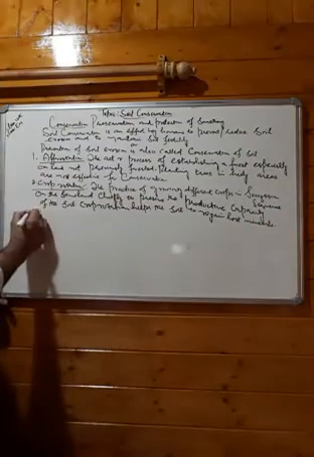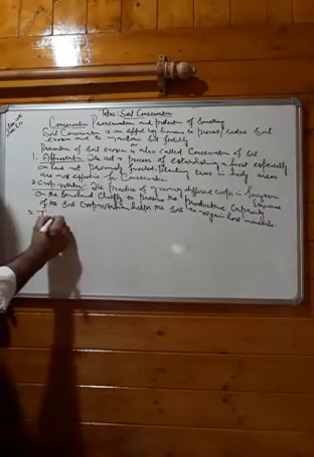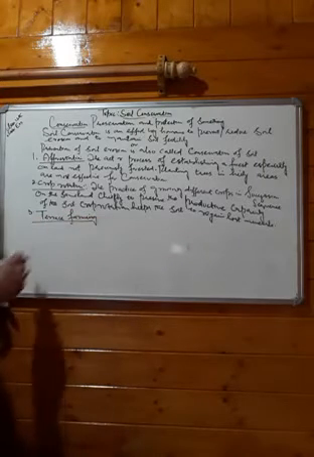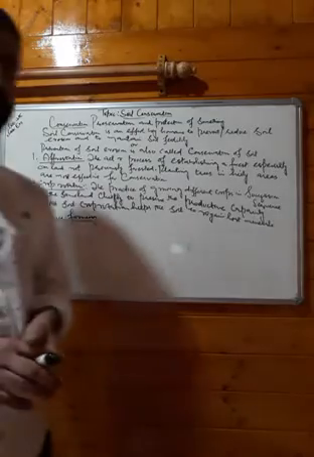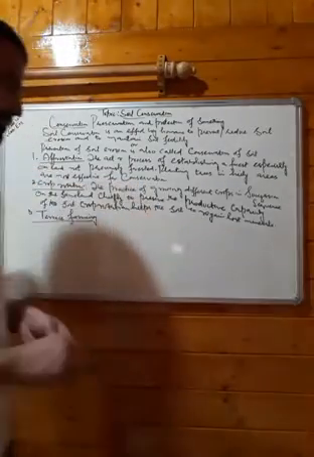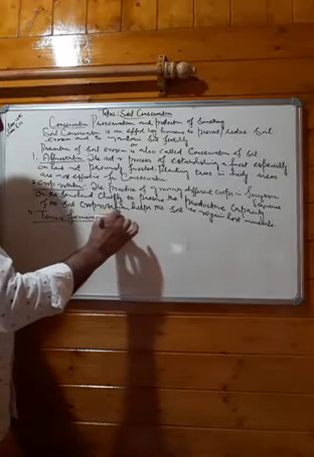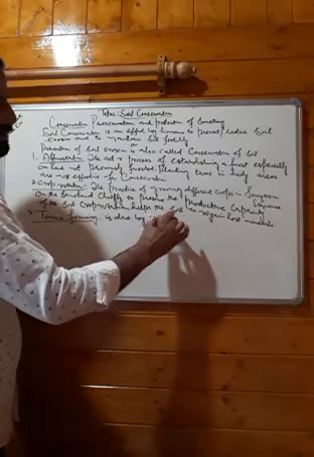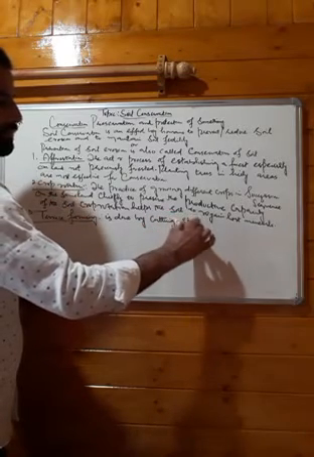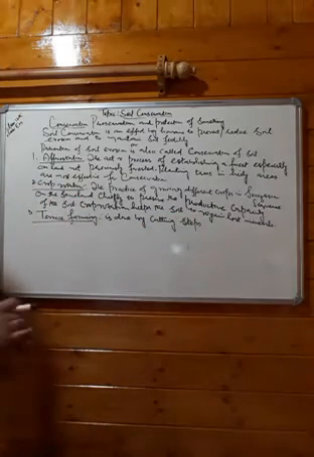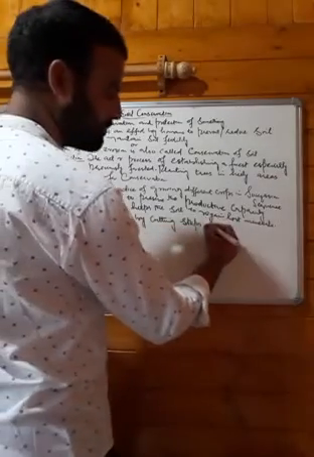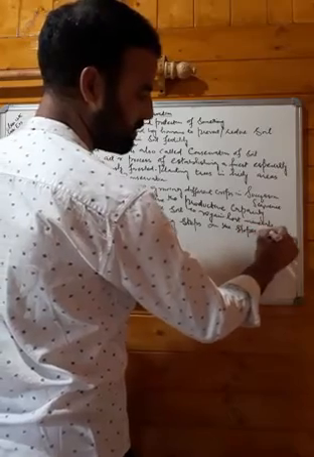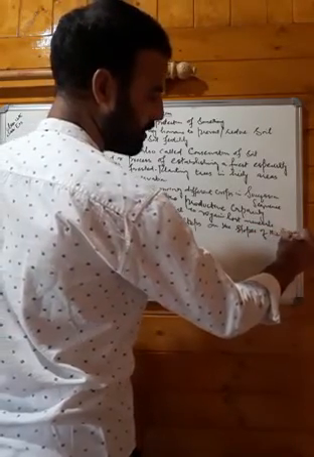Number third is terrace farming. In hilly areas, farming is done by cutting steps on the slopes of the hills.